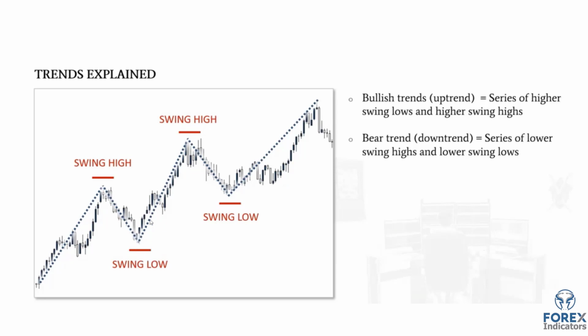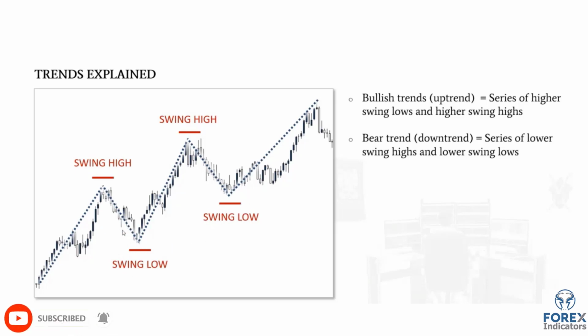And then once the next pullback starts again, you have another swing point that forms. And since this swing point is higher compared to the previous swing point here, it's called a higher high. And once this pullback is over, a new swing low is formed. But this one is higher compared to the previous swing low, which means this is a higher low.